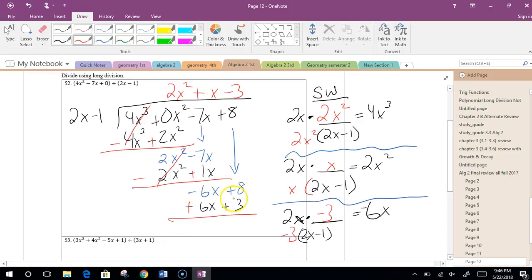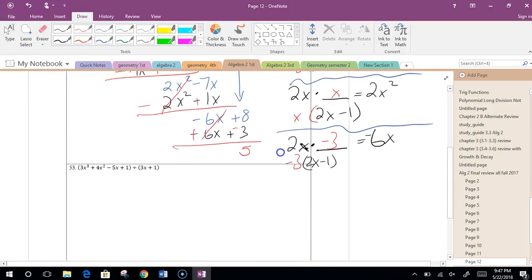Draw the line, change the signs. The first term should cancel. 8 plus a negative 3 gives me a remainder of a positive 5. So we write our final part up here of plus 5 over our divisor of 2x minus 1. And I'm just going to highlight all of that in yellow because that is our final answer.